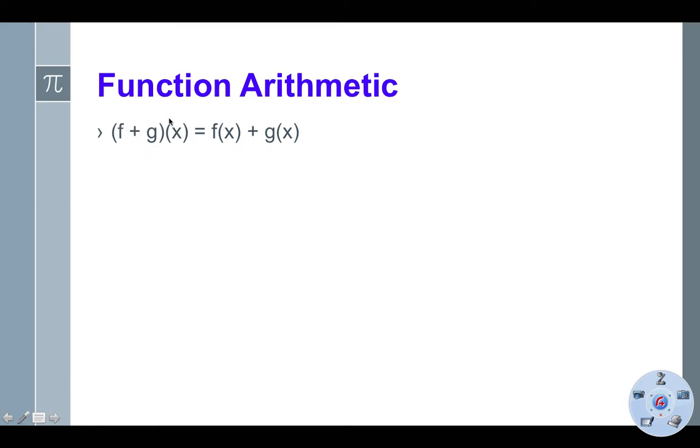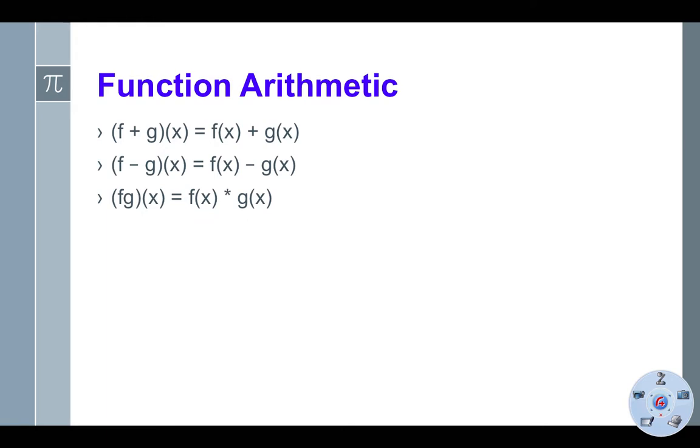But essentially, you're going to say f plus g of x, which can mean take the function f and add it to the function g. Now what we'll notice is a lot of the problems that we'll be dealing with are polynomials. So essentially when we add or subtract, as you see, they're basically the same idea. We're just going to be combining like terms because that's how you add and subtract polynomials.